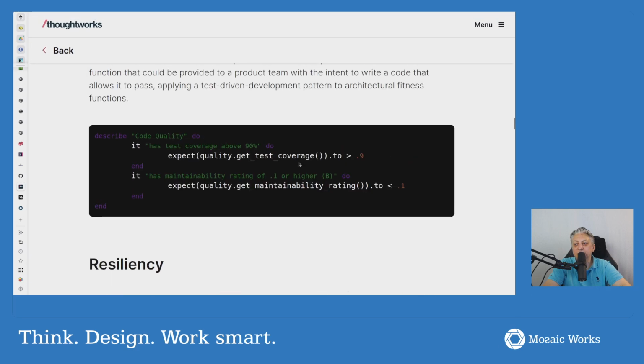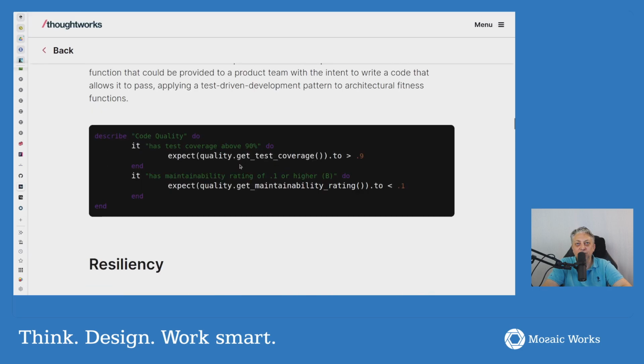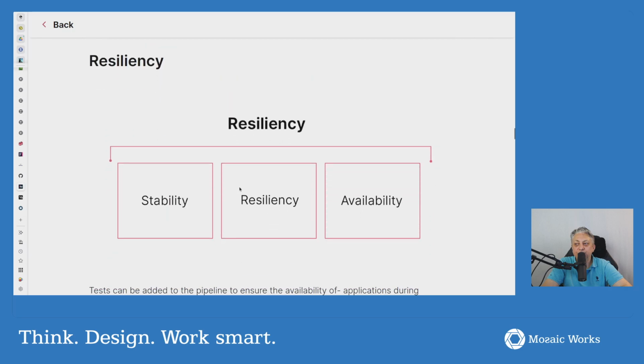Now the question is, I like how they put this without specifying where you get the information from. The test coverage is obviously something that you can publish, but maintainability rating, yeah, maybe it's also an indicator you can measure and publish someplace. And then this code would read from the indicator database information.